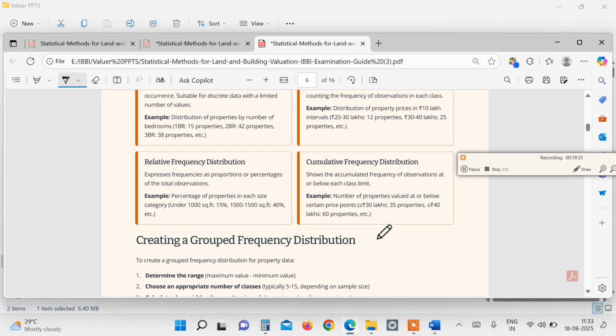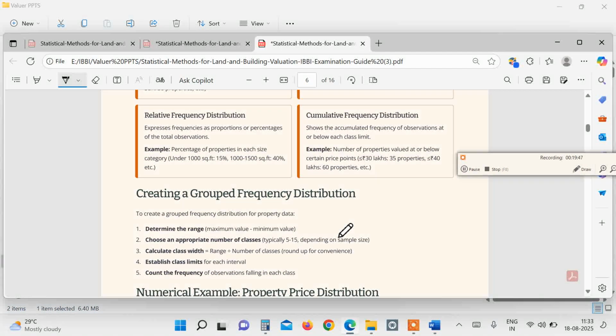So how does creating a grouped frequency distribution help you in valuation of real estate? First, you determine the range. You can find out the maximum value, minimum value, etc. from the data. Then you choose an appropriate number of classes, typically 5 to 15 depending upon the sample size.